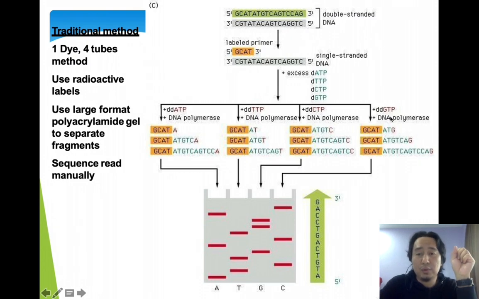And same goes to the last tube. DNA polymerase recognizes guanine, and it will use ddGTP, then the elongation is terminated. Understand? Okay.